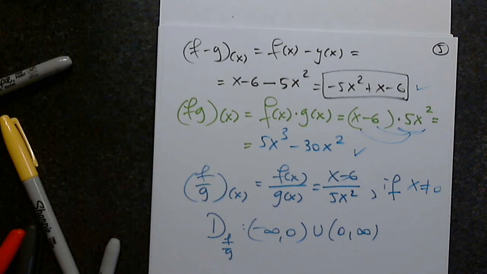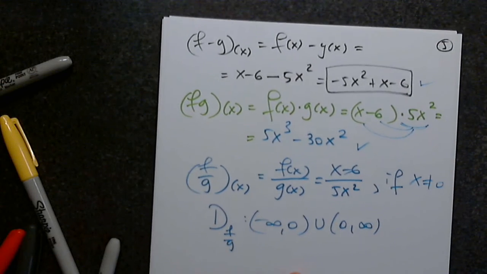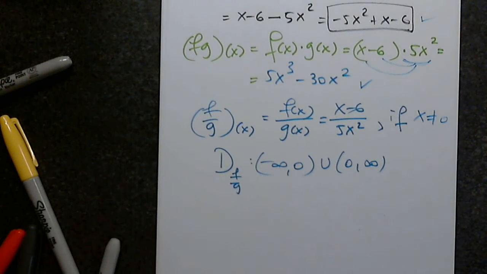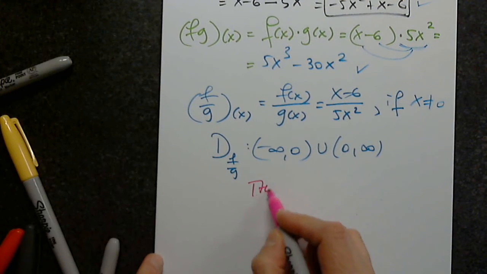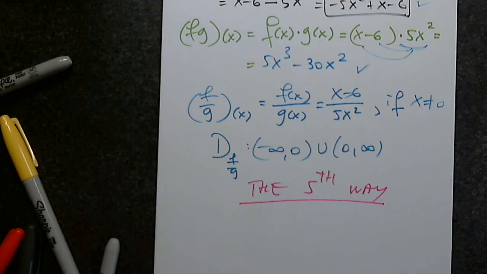There is a fourth way. I'm sorry, there is a fifth way, forgive me. There is a fifth way of determining new functions given two functions. The fifth way of creating new functions.